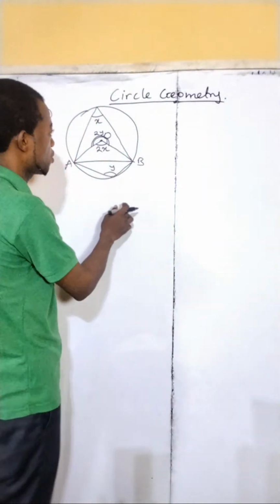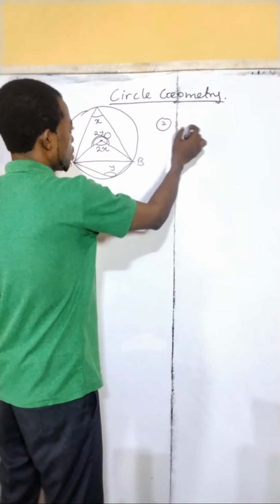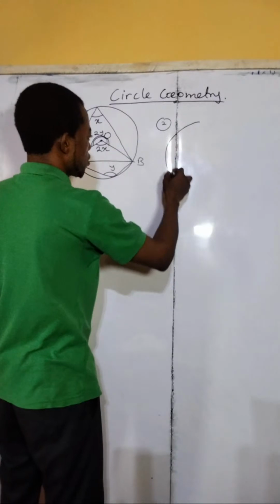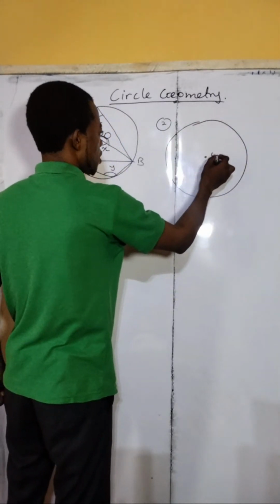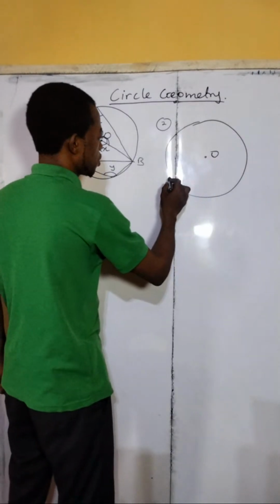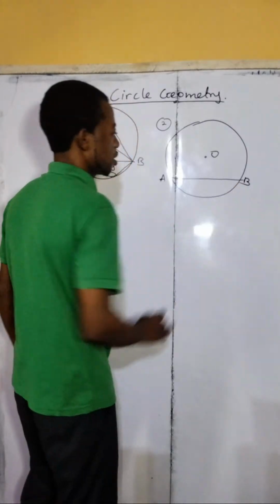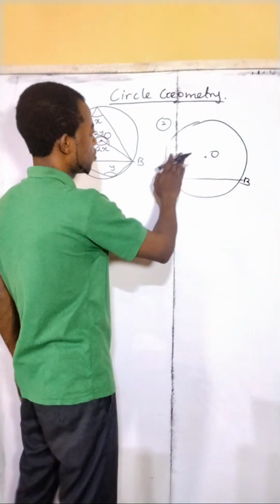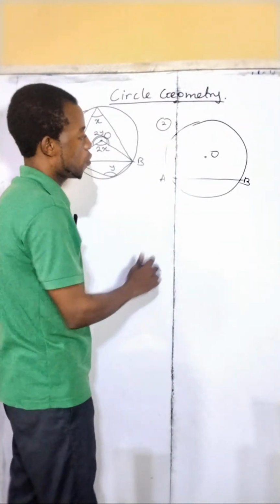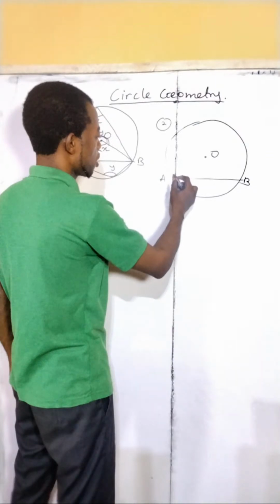And we have another theorem that follows this, theorem 2. When we have a circle, also center O here, and we have a chord, let's say chord AB here. Now if this chord subtends an angle at the upper part, which is the major segment here, all the angles subtended by this chord are all equal.